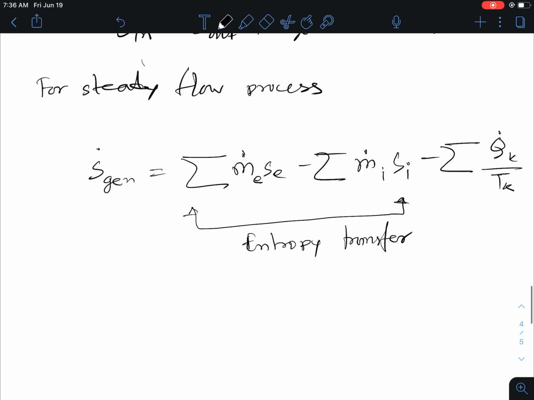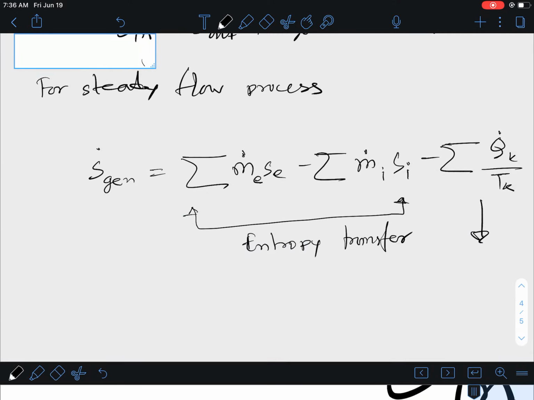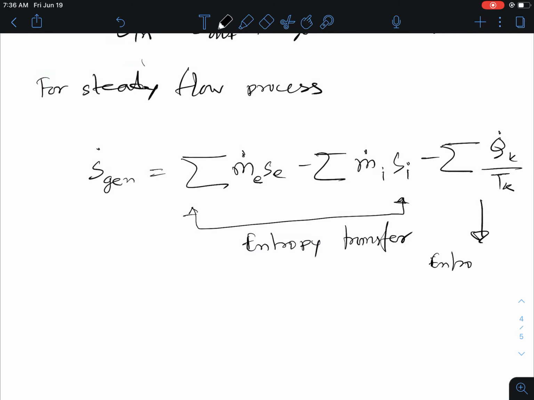And we also know that entropy transfer is related to heat transfer. If there is any heat transfer into or from that system, then how much entropy is transferred can be expressed by Q over T. So this expression is entropy transfer by heat.